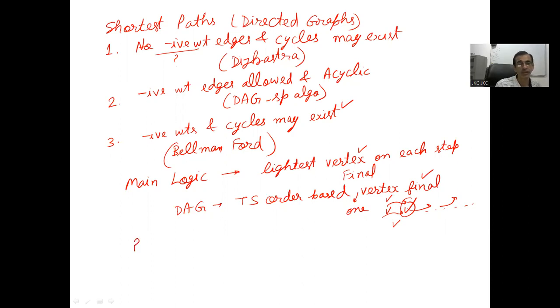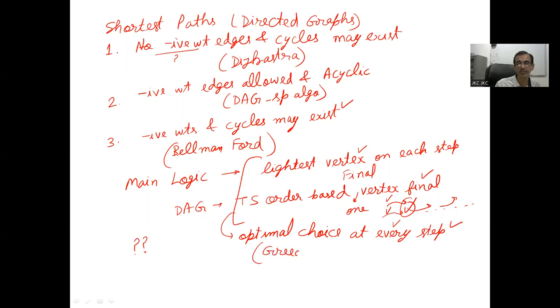Now, what should be the main logic? Earlier, this was what I normally call an optimal choice possible at every step, and it was guaranteed to be optimal. Normally, we call this a greedy choice. Once we talk of greedy algorithms, we will discuss it.